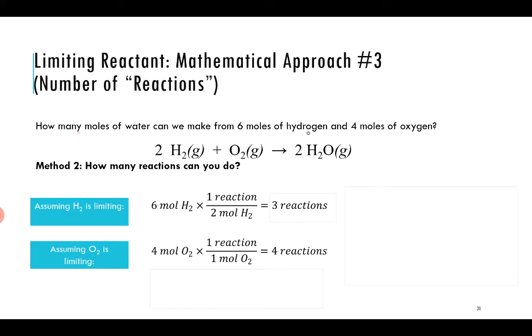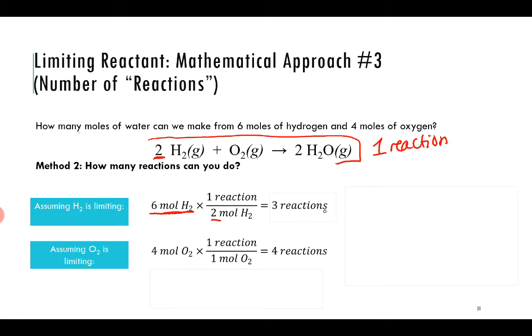And so to solve this problem, we're going to assume all H2 is used up. If all H2 is used up, how many reactions could we do out of that many moles of H2? Well, from the balanced chemical equation, we can tell that for one reaction, we will need 2 moles of hydrogen.